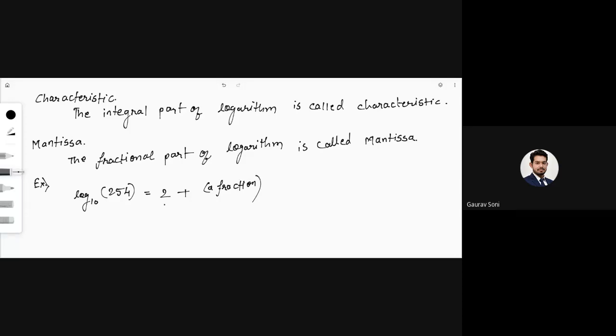This 2 is called the characteristic, and this fractional part is called the mantissa. Okay.